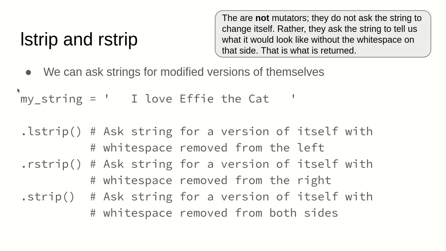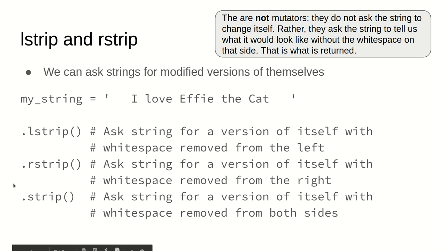So that would be if I called myString.lstrip. If I call myString.rstrip, then I would keep the spaces on the left, I would keep the spaces in between words, but I would lose the spaces on the right-hand side.